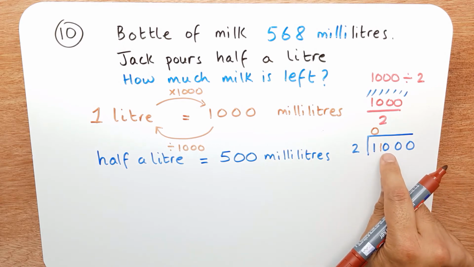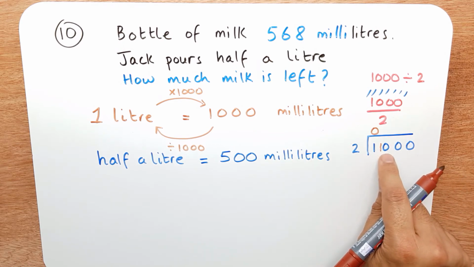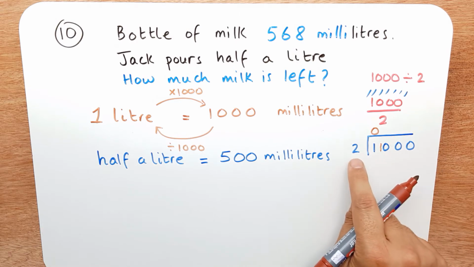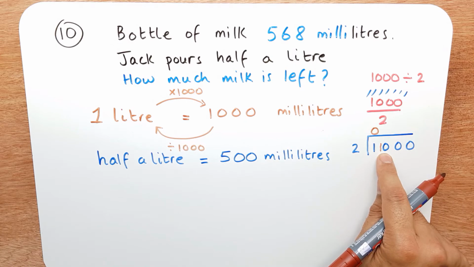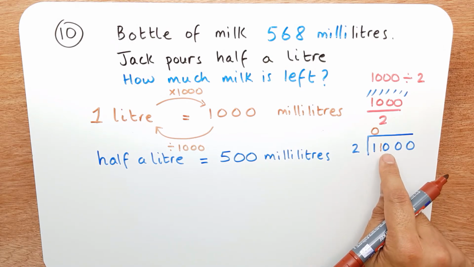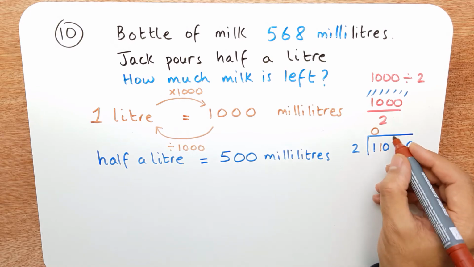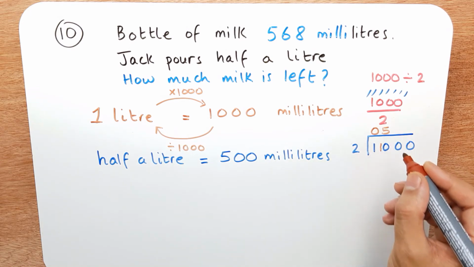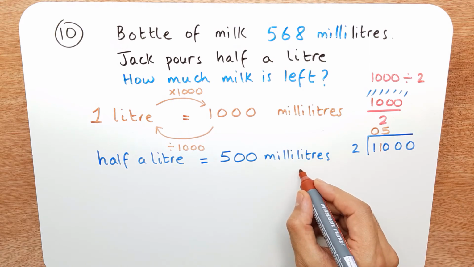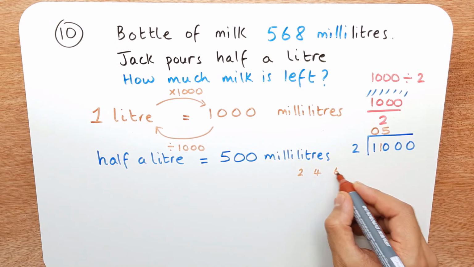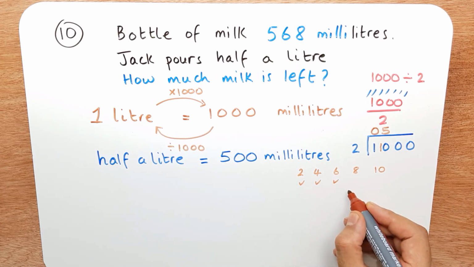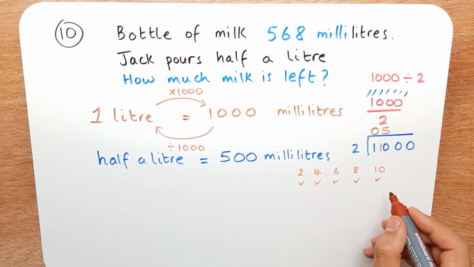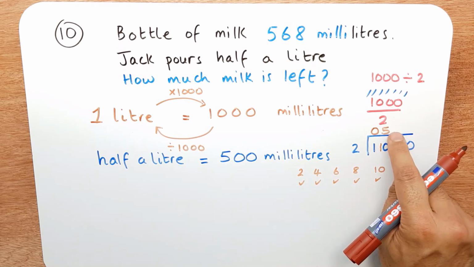So this 0 with that 1 becomes 10. So the next question is, how many 2s are there in this 10? If I did my 2 times table, I would know that there's 5 2s. So for example, 2, 4, 6, 8, 10. I can see there's 1, 2, 3, 4, 5 2s, and that 5 goes there.